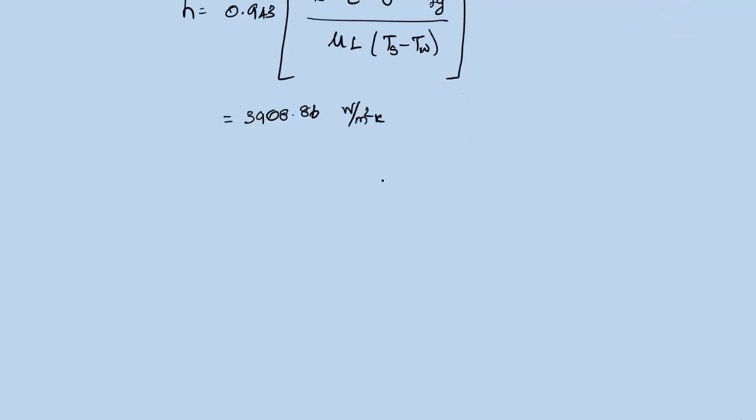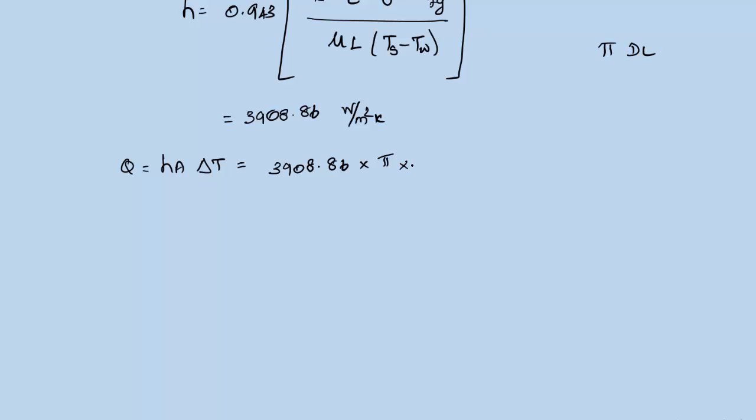Okay, now the heat transfer value has to be calculated, which is HA del T, which is equal to 3908.86 into area, which is nothing but your outer surface area. The outer surface area is pi dl.